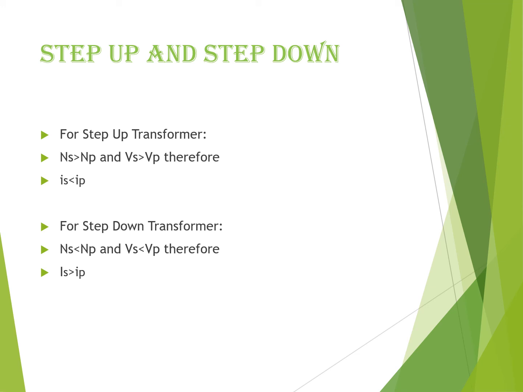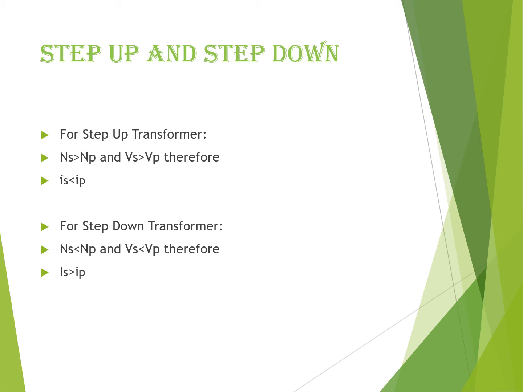Now for a step-up transformer, Ns is greater than Np and Vs is greater than Vp. Therefore, we can say Is is less than Ip. This conclusion we have drawn from the relationship we derived just now. Similarly, for a step-down transformer, Ns is less than Np and Vs is less than Vp. Therefore, Is is greater than Ip.